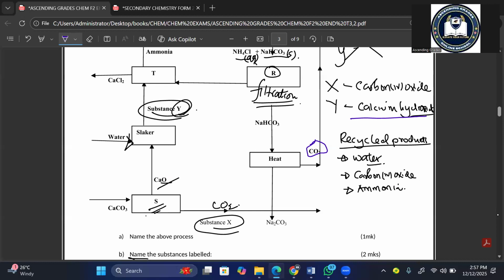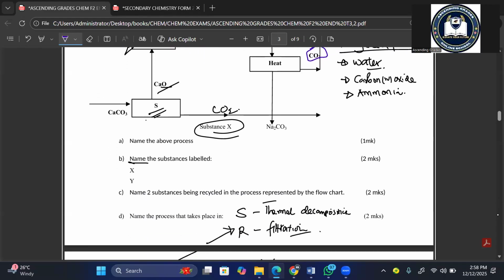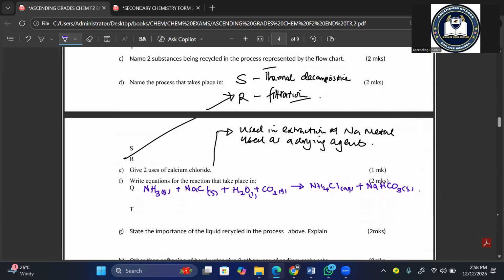So after filtration, what we'll be getting here will be the ammonium chloride. And then it will be meeting with the substance Y, which is now calcium hydroxide. And from this case, we are supposed to produce calcium chloride and ammonia gas. So that is the equation that this question is demanding of us.